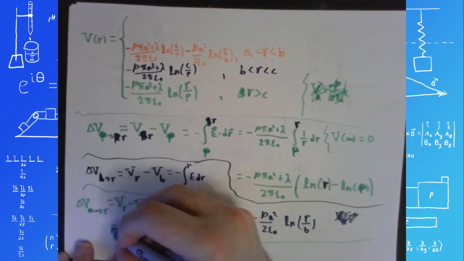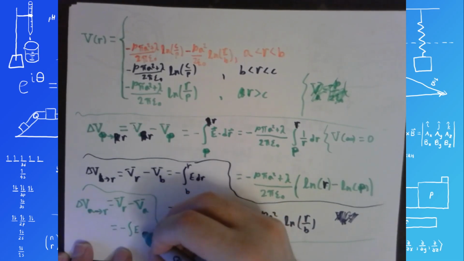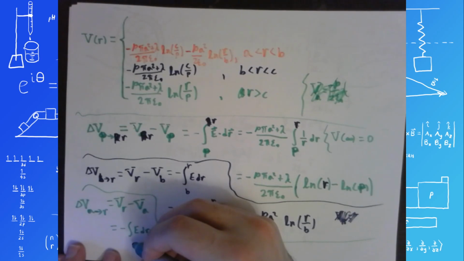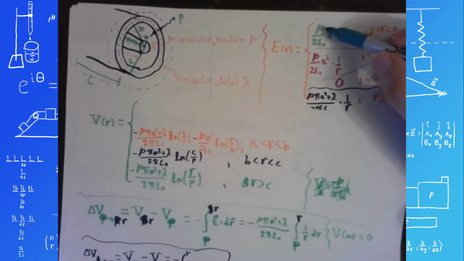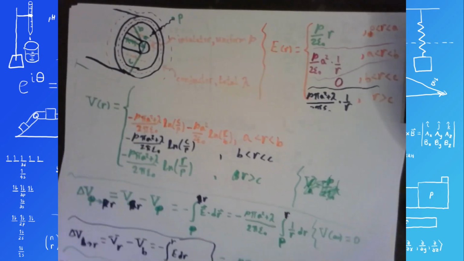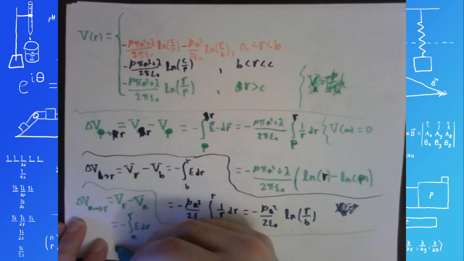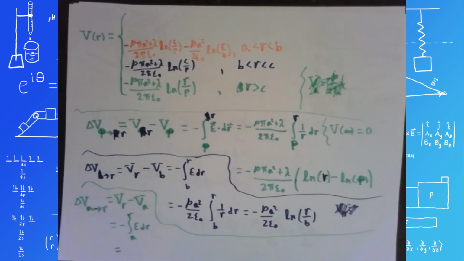Let's see, where were we? We were doing this, so we do equals negative integral E dot dr, which just reduces to E times dr, and then that's from a to r. It's rho over 2 epsilon naught r, the easiest integral yet. Equals, and then I'm going to switch colors here because I don't want this all to get blurred together.